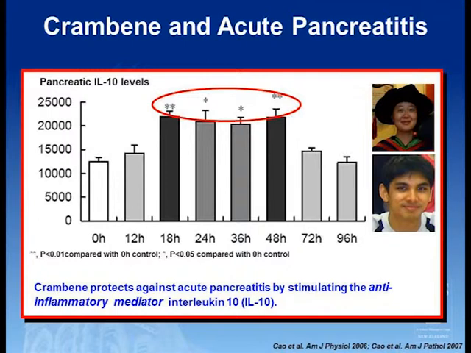How does crambene protect against pancreatitis? It does so by increasing an anti-inflammatory mediator, interleukin-10.